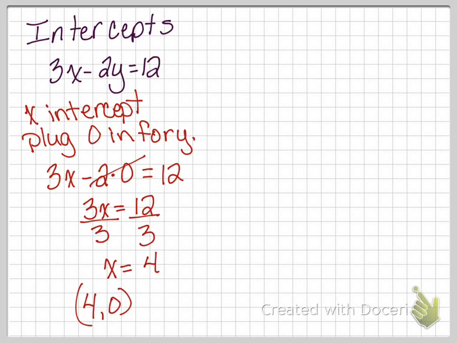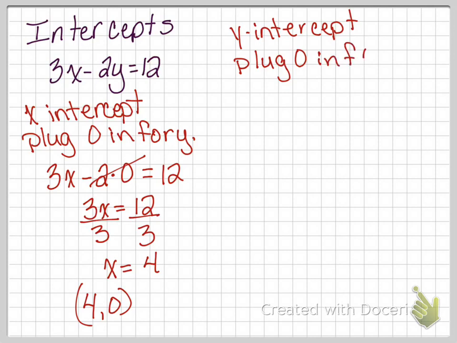Now, for my y-intercept, I am going to plug 0 in for x. So I have 3 times 0 minus 2y equals 12.